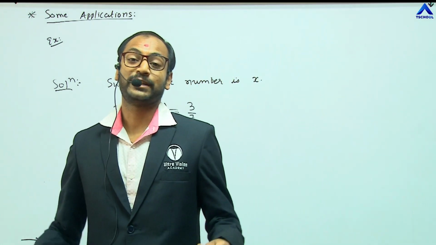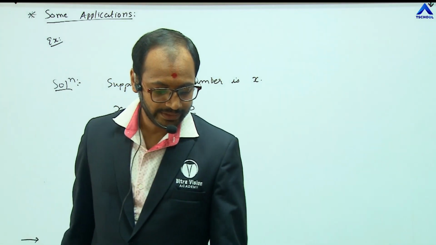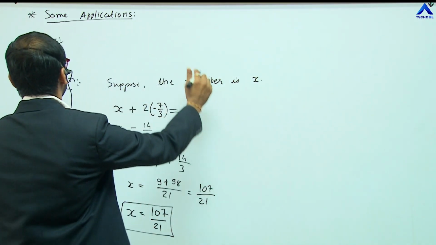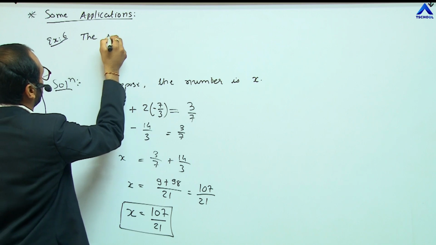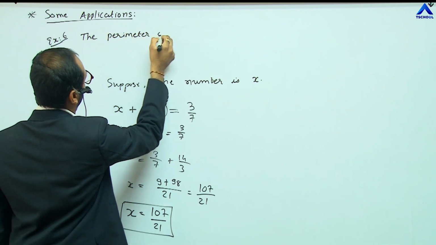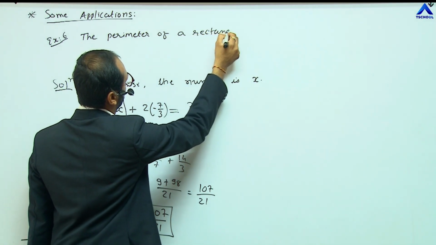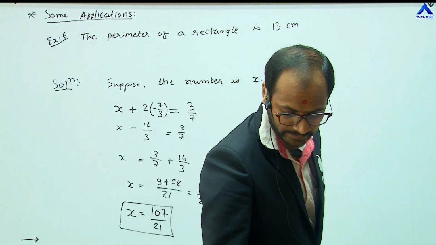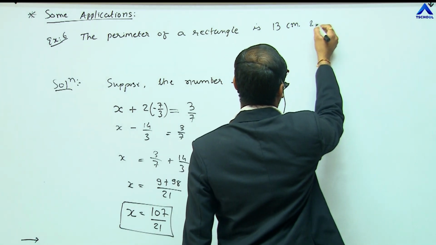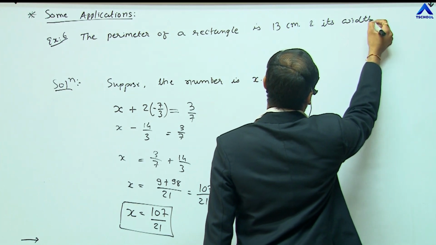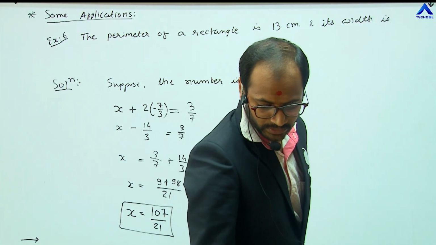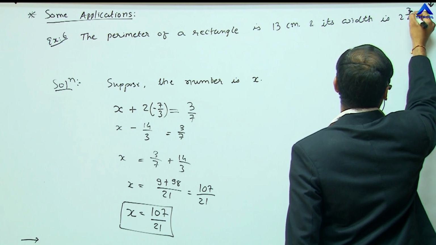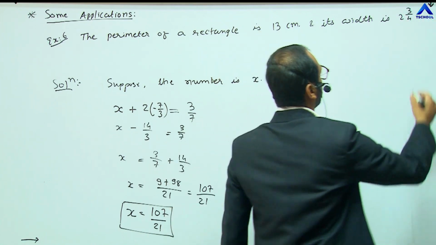Now example number 6 is a practical application. What we have to find: the question is, the perimeter of a rectangle is 13 centimeter and its width is 2 and 3 by 4 centimeter.